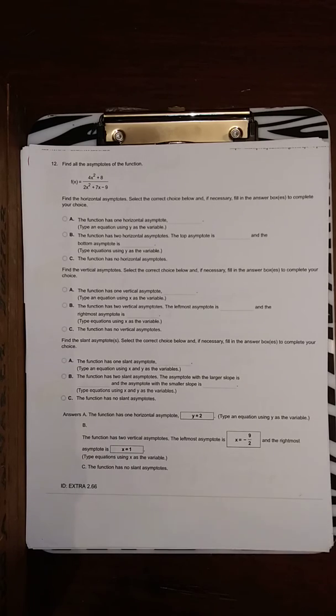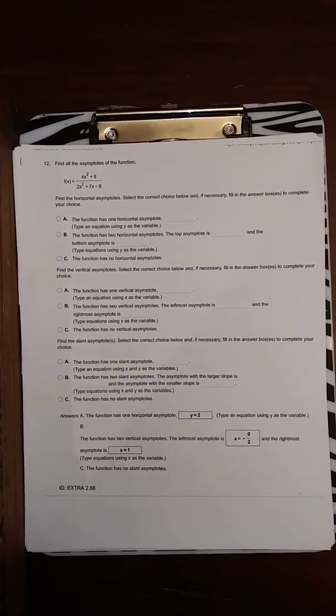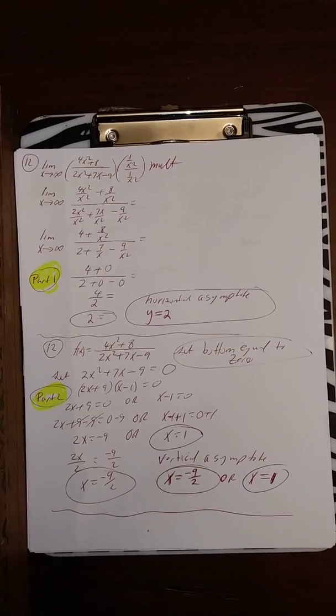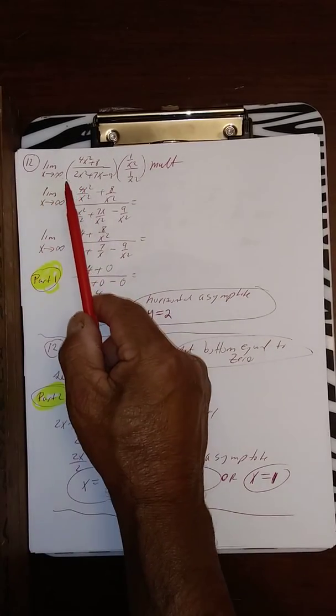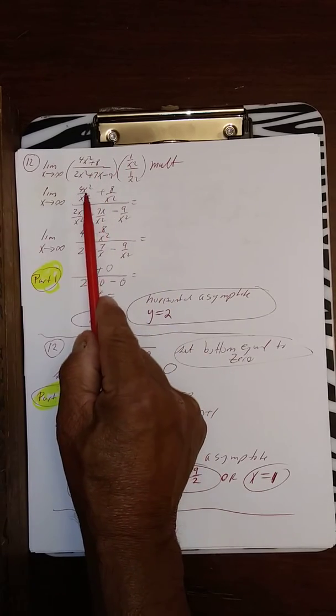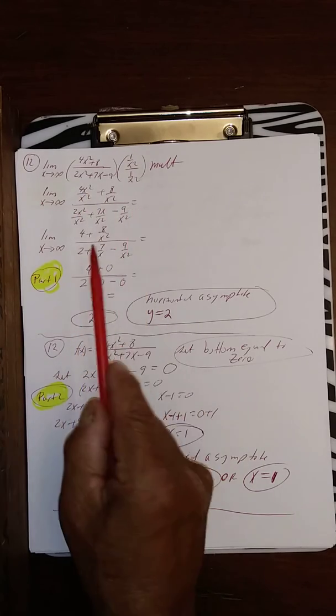Find all the asymptotes of this. Okay, so let's find them. Multiply by 1 over x squared, across the top and bottom. We have all these guys right here.